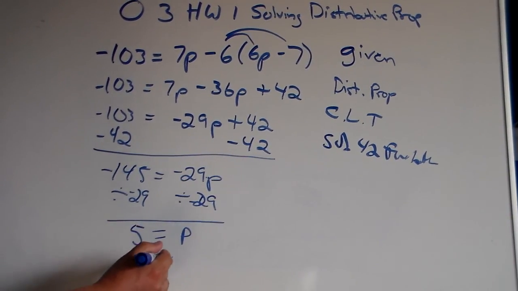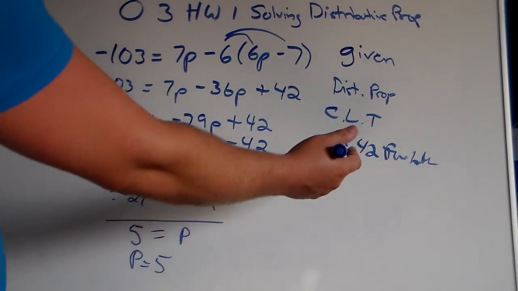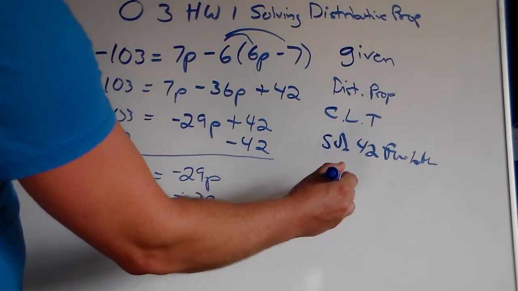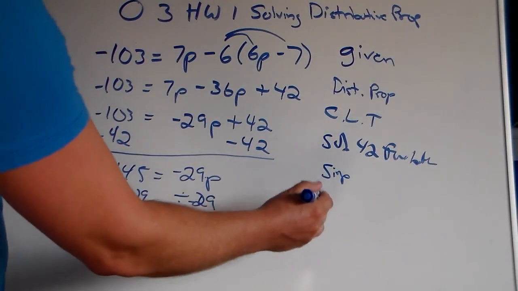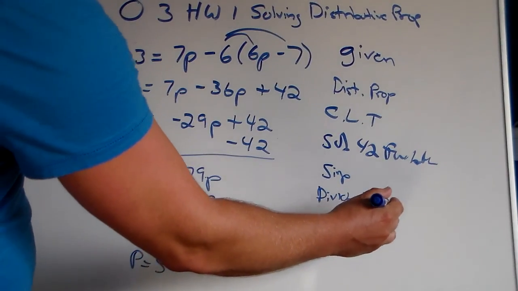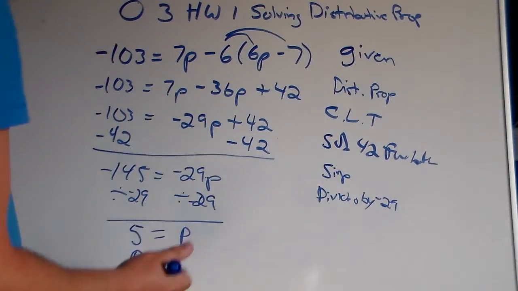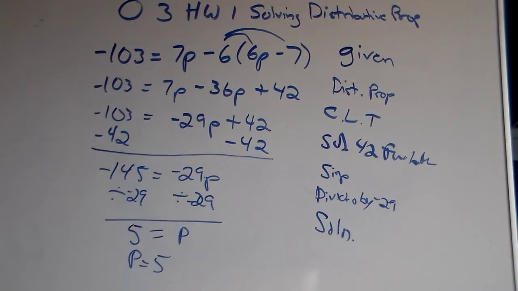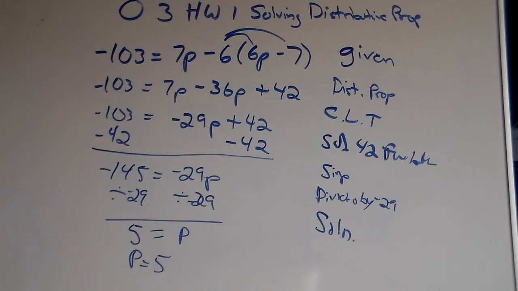So p equals 5. I subtracted 42 from both sides, then we simplified, then we divided by negative 29 on both sides, and then we got ourselves our solution, p equals 5. And that's problem number 3.